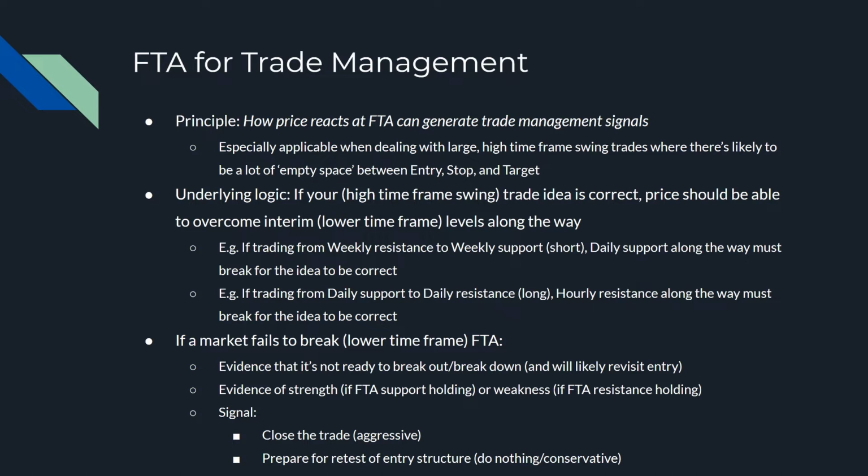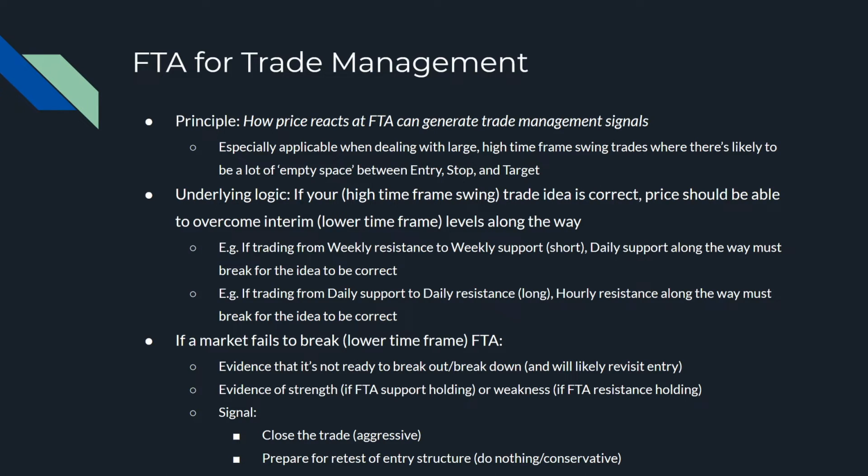Let's say you're trading from weekly resistance to weekly support, and you can see that echoes the logic we did in the previous slide, where we took a trade at daily, the example trade is buying daily support. We're looking to get out at daily resistance. We have a working framework, as clumsy as that sounds, the price, if we are correct, will travel from one high time frame level to the next high time frame level.